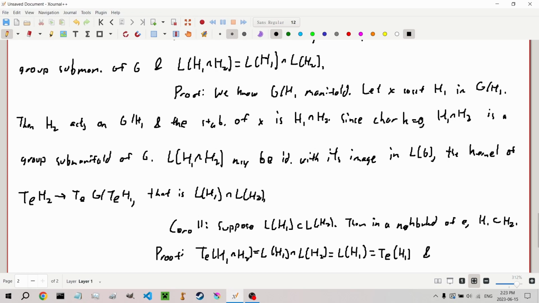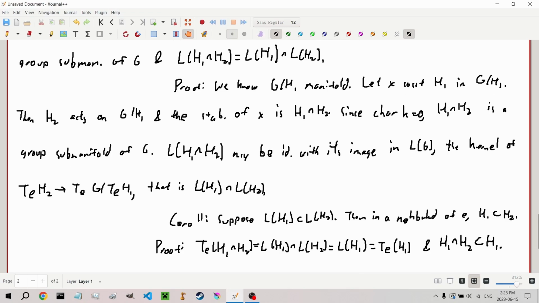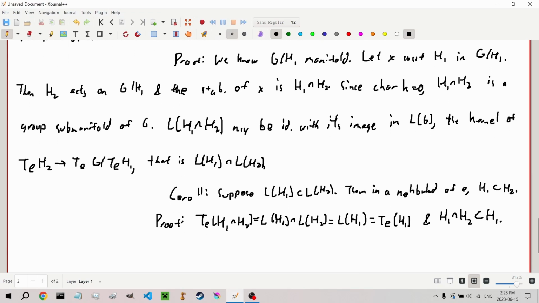And so we know that H1 intersected H2 is by definition obviously going to be in H1. Hence H1 intersect H2 and H1 agree in a neighborhood of the identity.